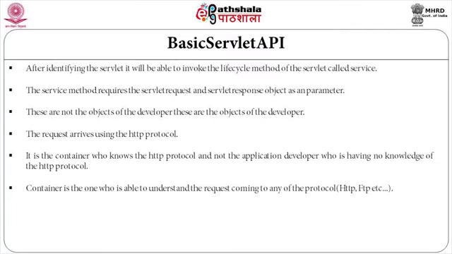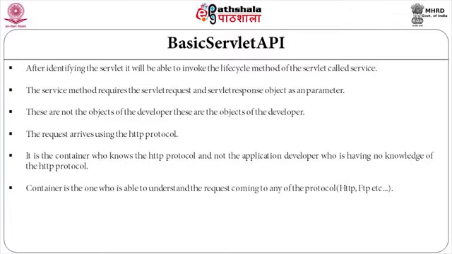So, now what exactly happens? Any client using a URL is going to hit the container. What would the container do? The container looks up: is this URL satisfying some URL pattern? We have those servlet mapping entries.